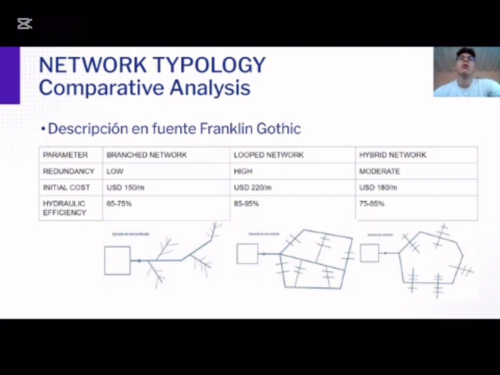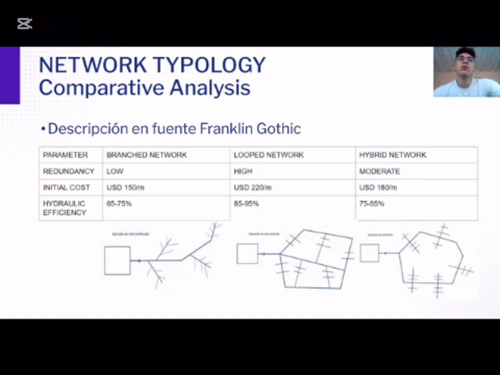2. Looped network. Created by interconnecting branches forming loops or circuits within the water distribution system. Found in Manhattan, New York, with pipes in closed circuits. Advantage: if a section breaks, water flows through alternative paths. 3.